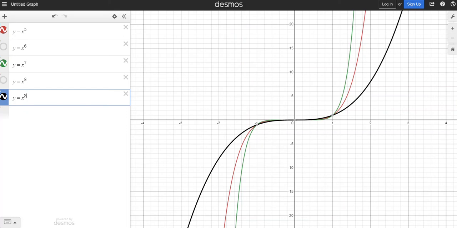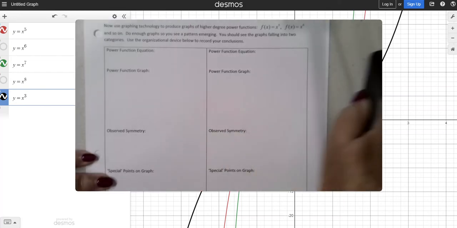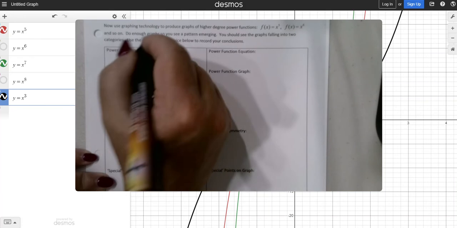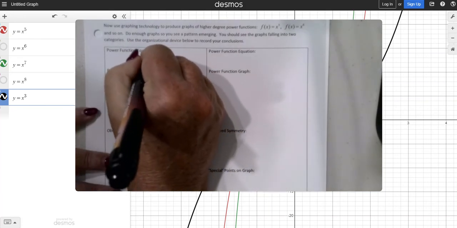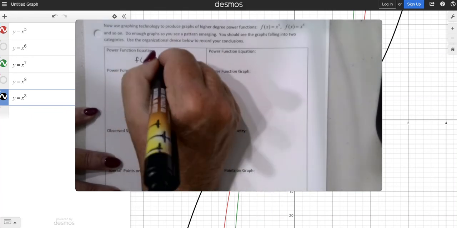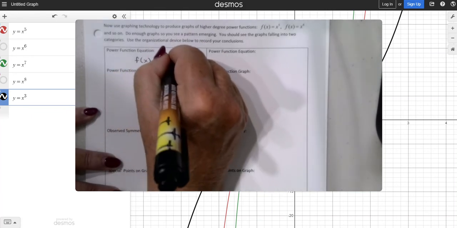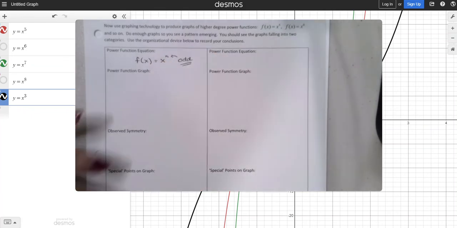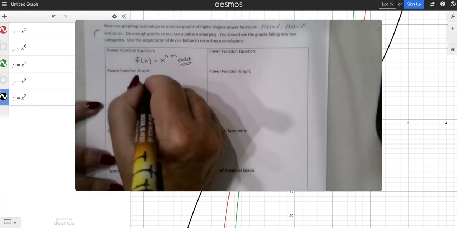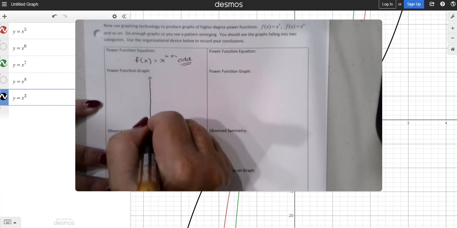First of all, if I go back to my paper, we're saying if we had f of x or y equal x to the n where the degree was odd, all of the graphs looked very similar.